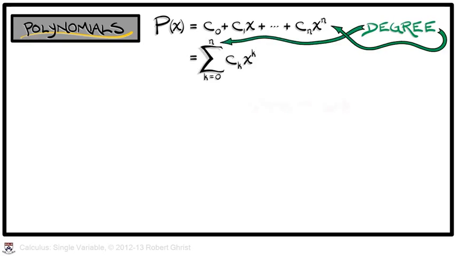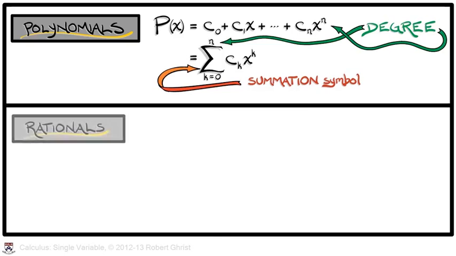There is a summation notation that makes writing out polynomials very simple. We use the Greek capital sigma and write a polynomial as the sum, sigma, as k goes from 0 to n of c sub k times x to the k. Here, the c k's are coefficients, or constants.